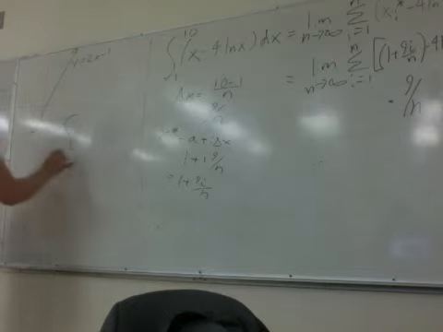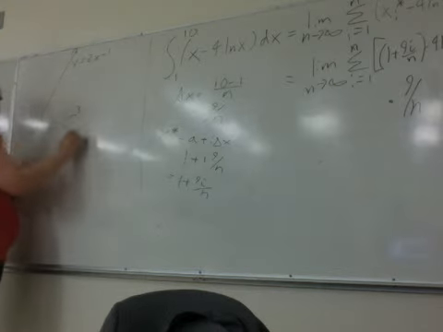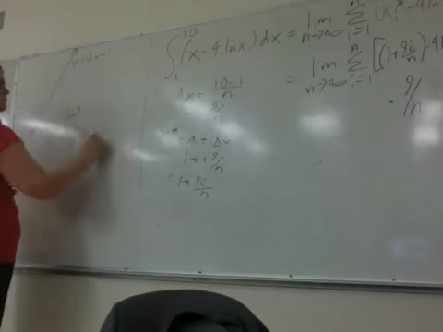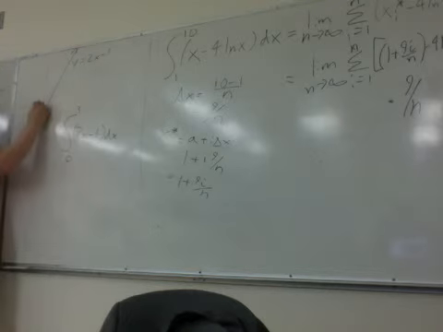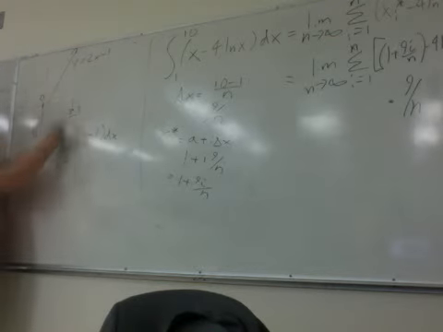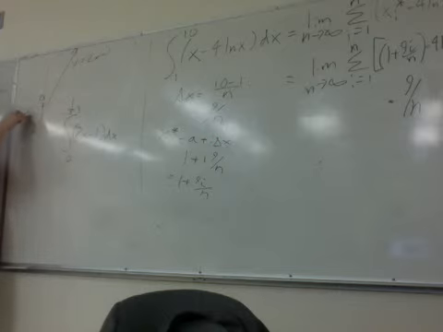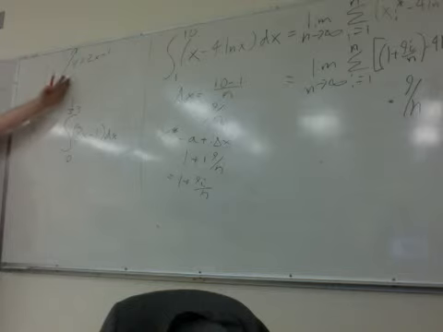Anyway, I think it was 0 to 3. Right, that says we're taking the area under 2x minus 1 from x equals 0 to x equals 3. Again, this is an abbreviation for a limit of a sum. And as I mentioned at the end of section 5.1, a limit of a sum gives you the area. As the number of rectangles goes to infinity, the approximation will become the actual area.